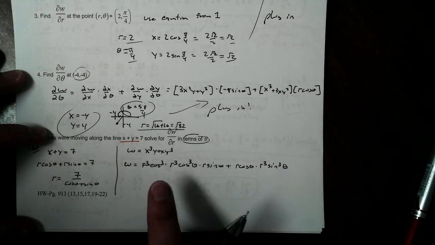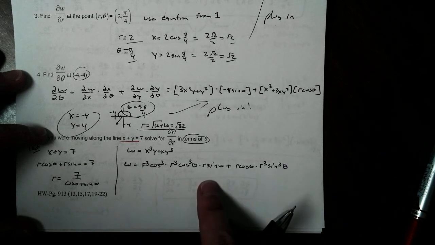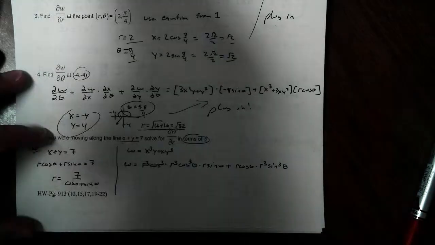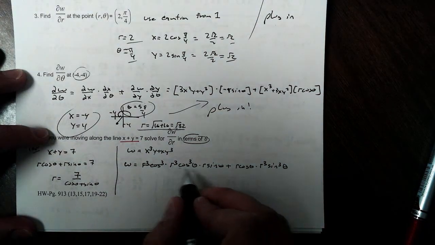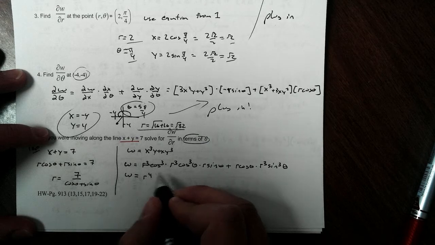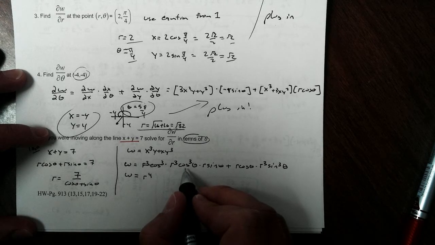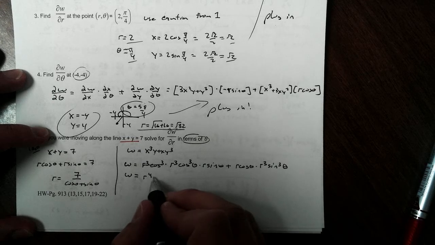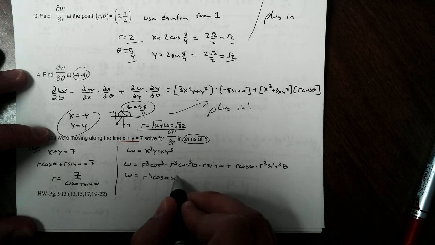And I can factor out a whole bunch of things right here. I can factor out an r to the 4th, and I can factor out a cosine theta sine theta.